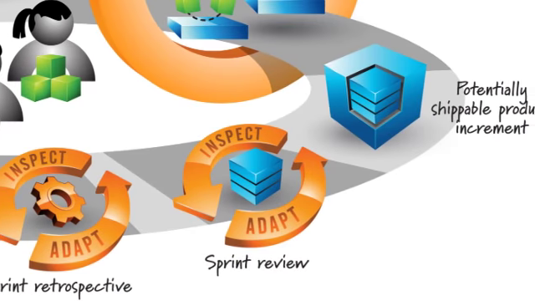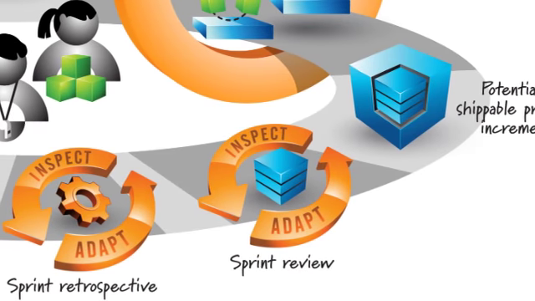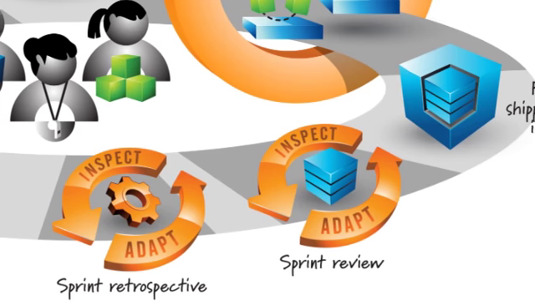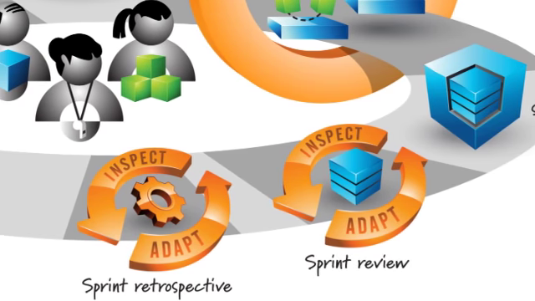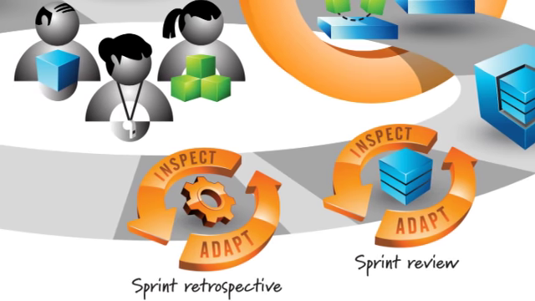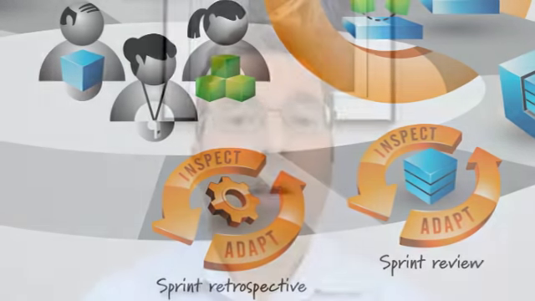And the remaining 2 activities within a sprint are both inspect and adapt activities. The first is the sprint review. The sprint review is an activity where we're trying to take the potentially shippable product increment and look at what we just built and decide how we want to proceed forward. So it is the inspect and adapt on the product that we're building.